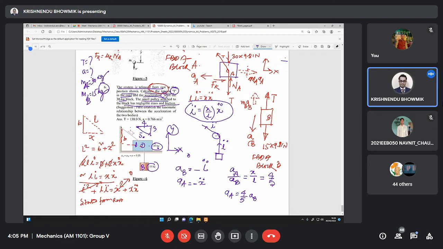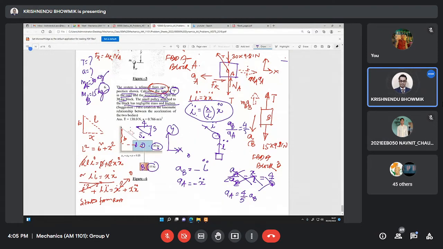This one, this is the mistake. Why it is a mistake I'll tell you, because at the same time one is moving more, one is moving less. That way if you write this one, L double dot, L is B, correct? L double dot is AB and this is AA. Oh, AB, and no, it's fine then. AB, this is B, L is B. It was 4 by 5.